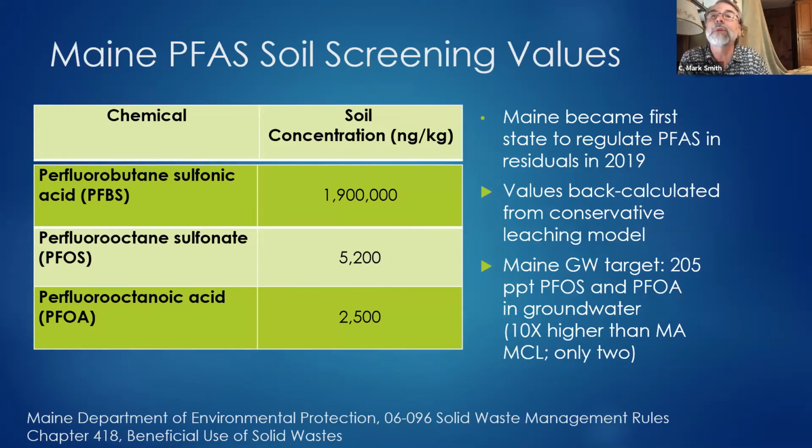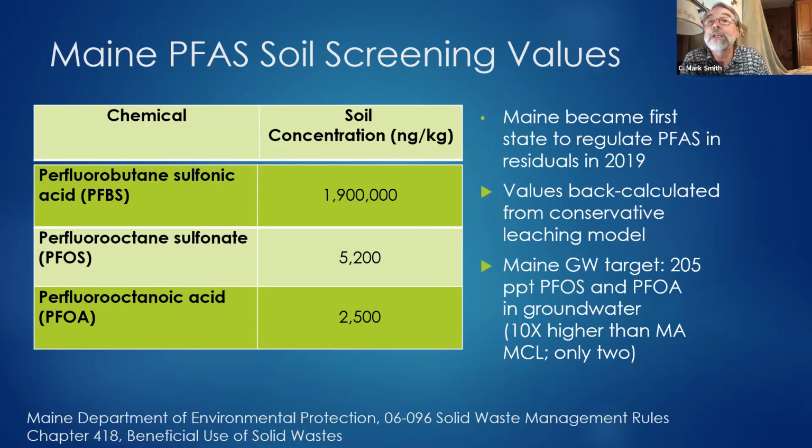All right, so what did Maine do? Maine's the first state to establish levels for PFAS in residuals. These were established in 2019. Basically, their values were established by a back calculation using a fairly conservative leaching model to estimate the concentrations of 3 compounds in biosolids and mobility to groundwater. The groundwater target in Maine is a little bit different from what we're using. It only addresses the concentration of PFOS and PFOA and was set at a level of approximately 2005 parts per trillion, so considerably higher than the target that we would be using here in Massachusetts.